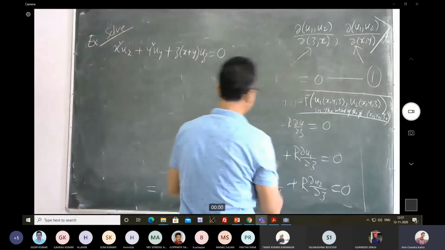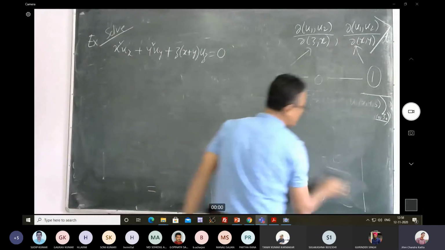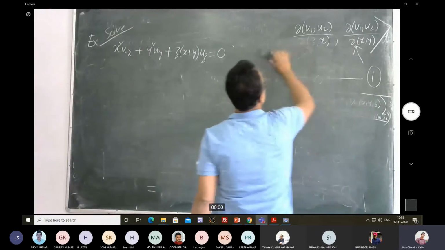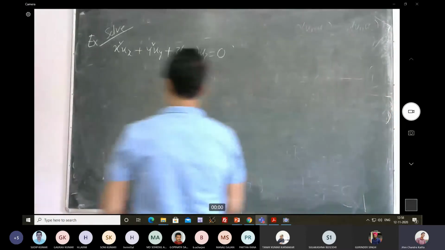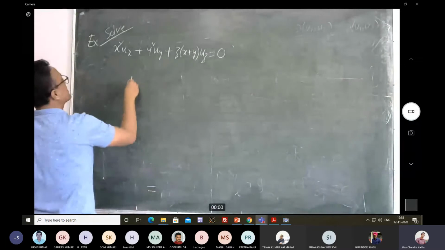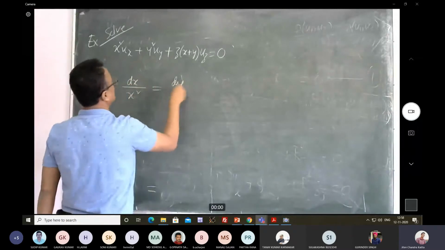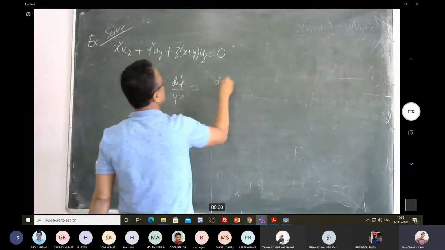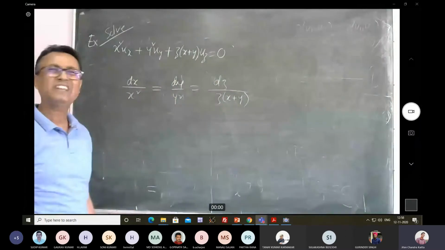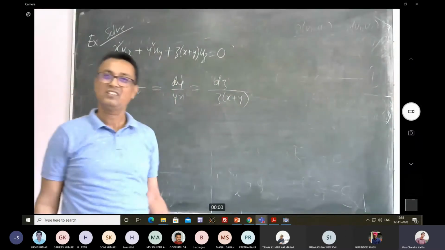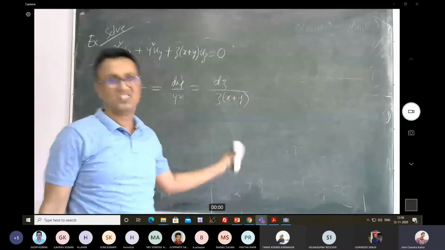We have to find a function u which satisfies this equation, and that is equivalent to finding a first integral of the vector field associated with this one, dy by y square equal to dz by z into x plus 1. So I think you'll be able to solve it, right? You'll be able to solve it. I don't want to spend time on this because you have already done it.